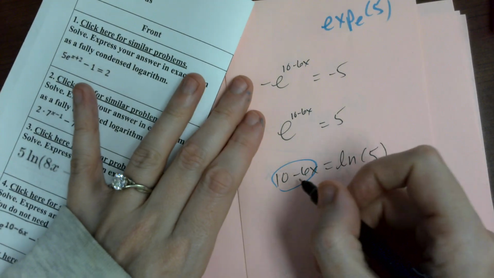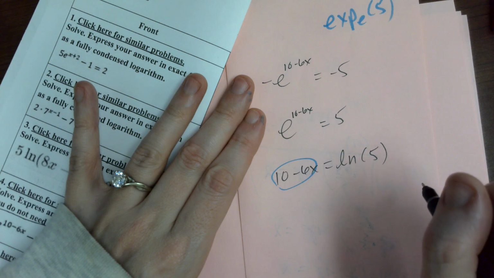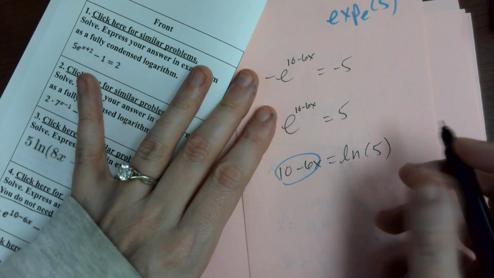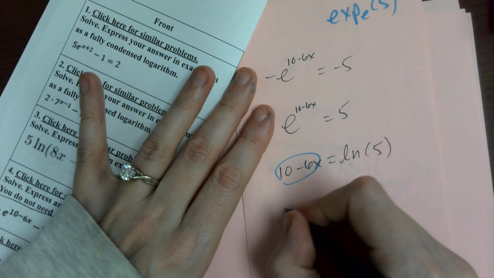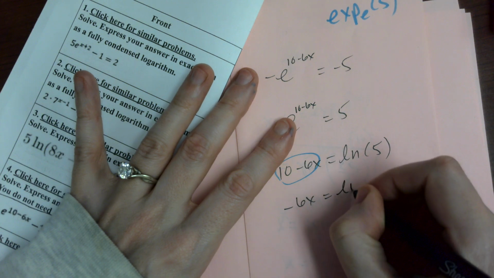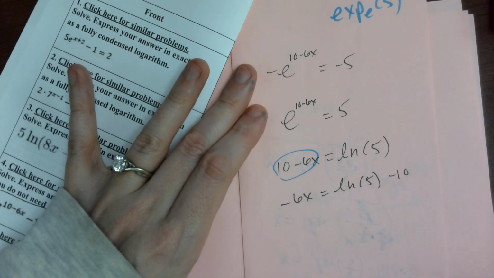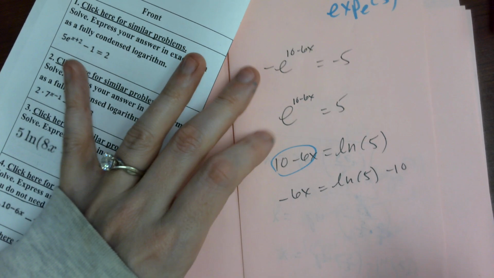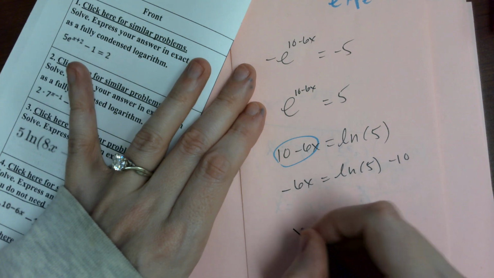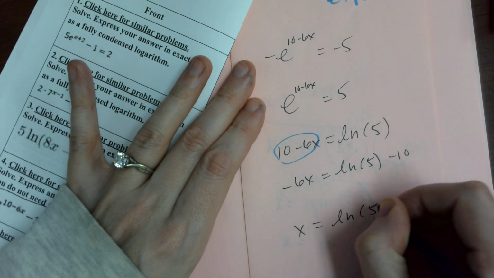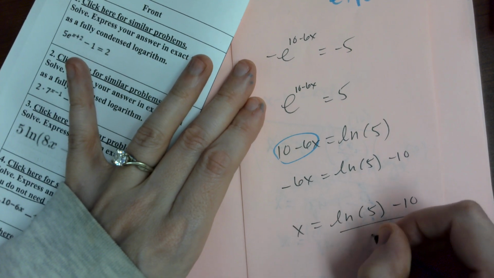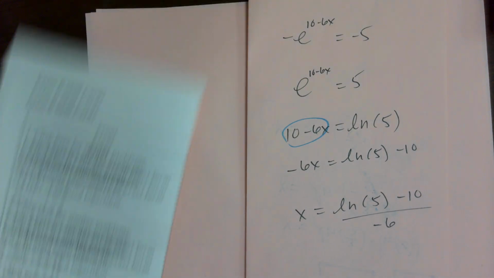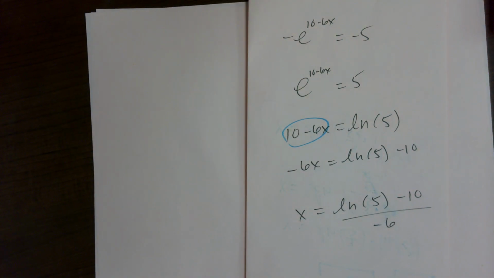All right, then I'm going to subtract 10. Oh, this is why you don't have to condense it, because it'd be too complicated. So we're going to subtract 10 and then divide both sides by the negative 6. Okay, let me look at the answer.